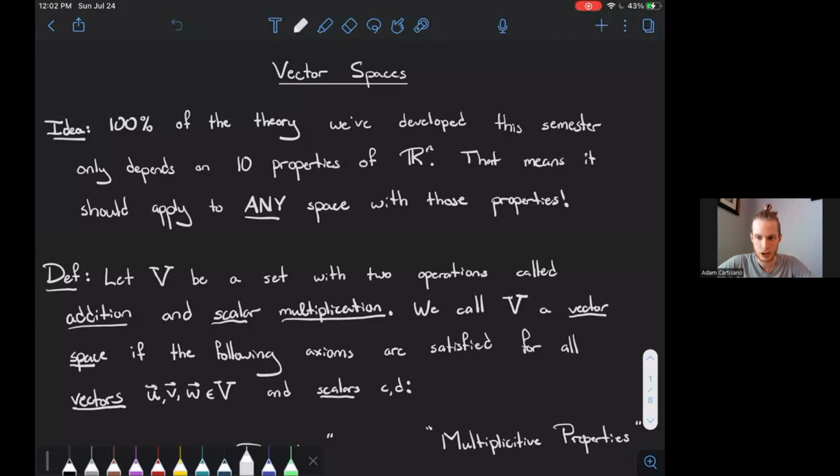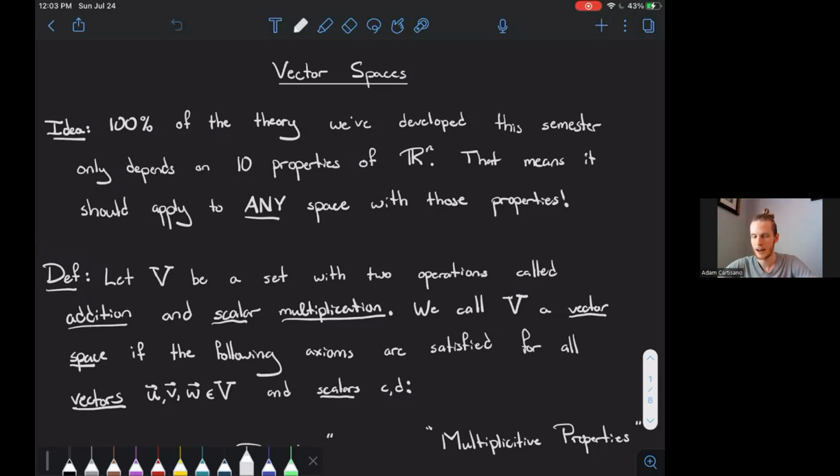And so chapter 6 just addresses the theory that we've developed over the course of the semester, but for vector spaces in general. So at the very beginning of the semester, we talked about vector spaces. We said that we were going to define vectors, matrices, matrix multiplication, that kind of thing, linear transformations, systems of linear equations, and then we just threw that word vector spaces out there.